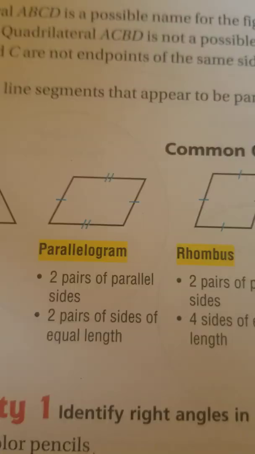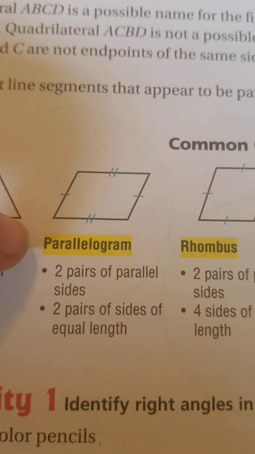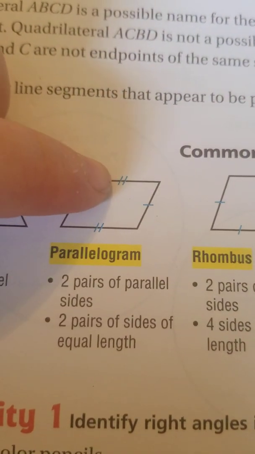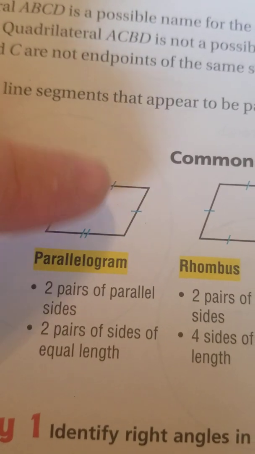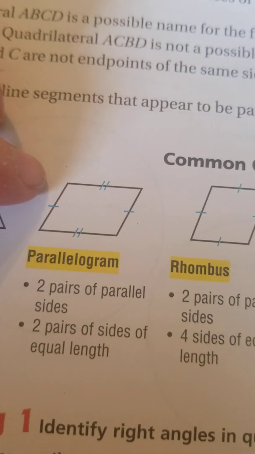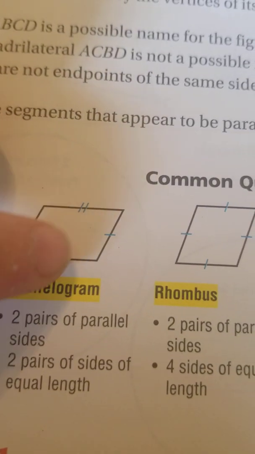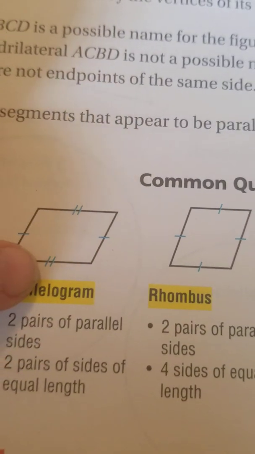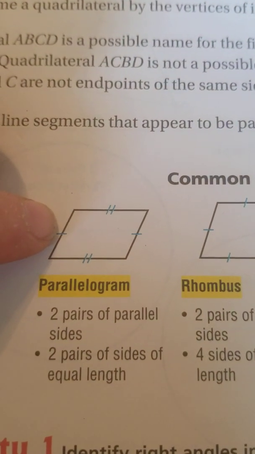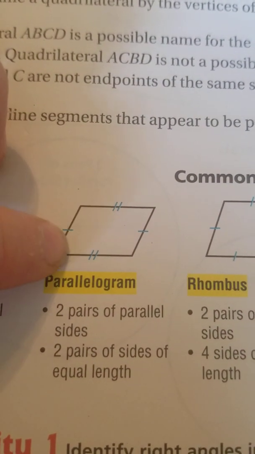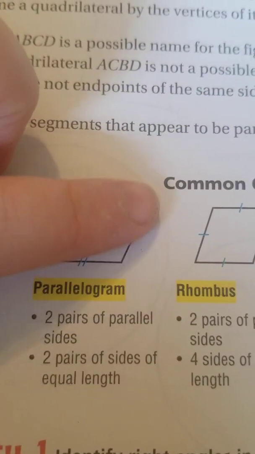Parallelograms, okay, they have two pairs of parallel sides. So this side is parallel to this side. They use two little tick marks here to show you that this line is going to match with this line. This one only has one tick mark to show you that this side will match with this side.